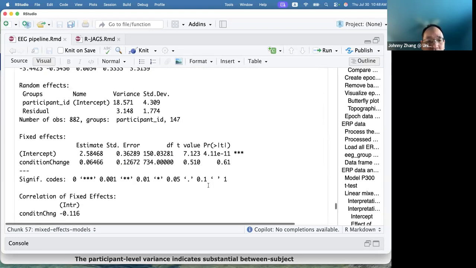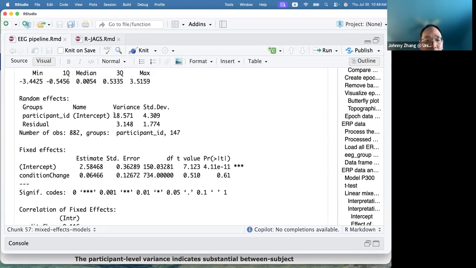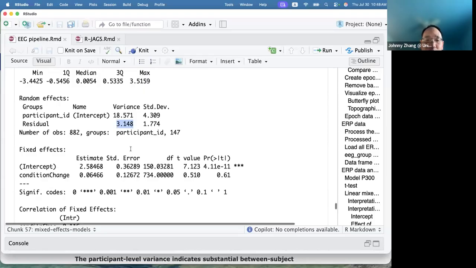If you look at our variance here, about 18.5, particularly compared to the residual variance, it is pretty large. So this means there's a large individual difference here. Therefore, it's necessary to include the random effects.